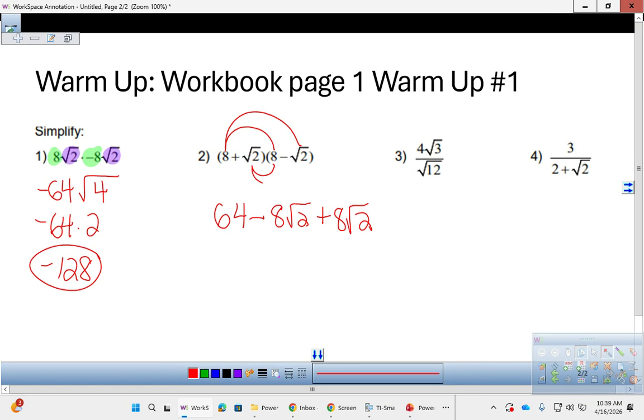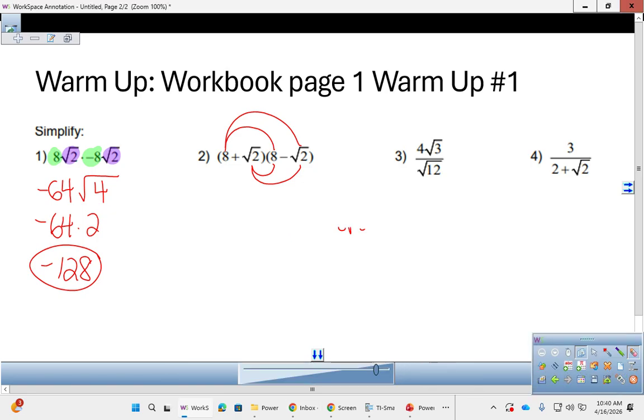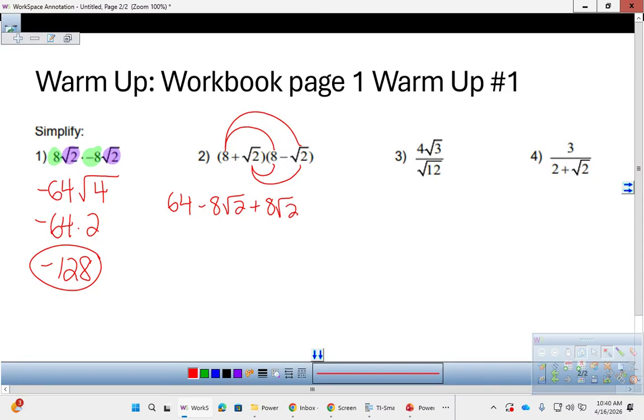And then root 2 times root 2 is root 4. So we've got 64 minus 8 root 2 plus 8 root 2. And then root 2 times negative root 2 is minus root 4. When we FOIL this out, we end up with a minus 8 root 2 and a plus 8 root 2, and those cancel out.